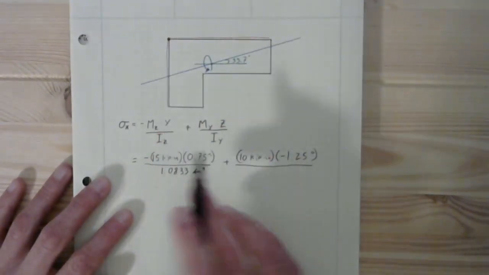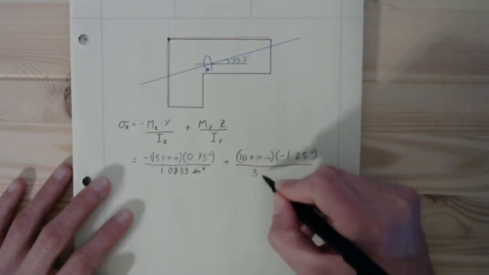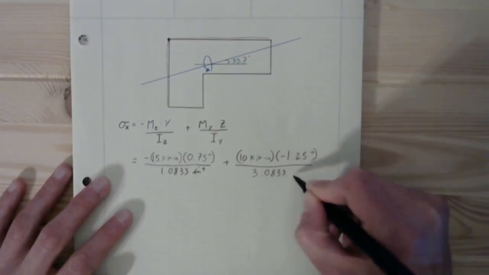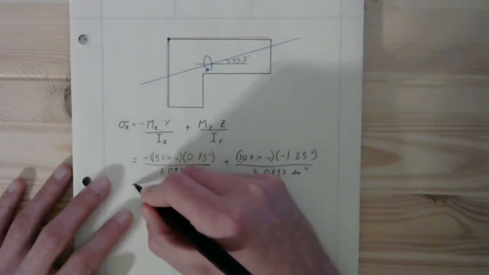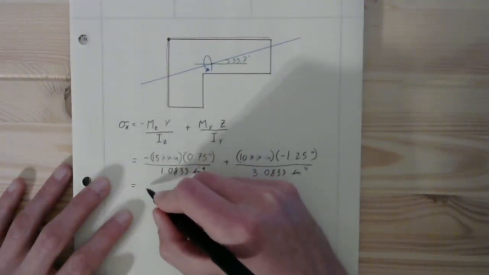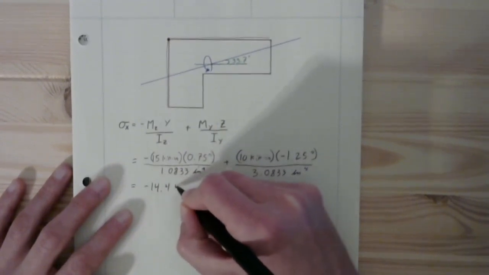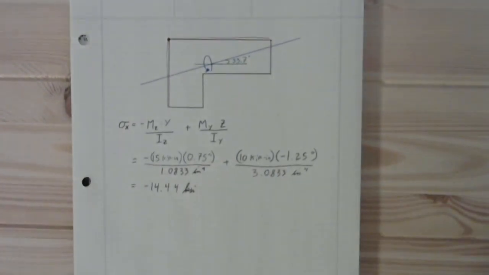We said red was the lines of max compression from those two things, divided by our moment of inertia of the y-axis, which is 3.0833 inches to the fourth. This is going to be equal to negative 14.44 ksi. And it's pretty self-evidently going to be the maximum compression experienced.